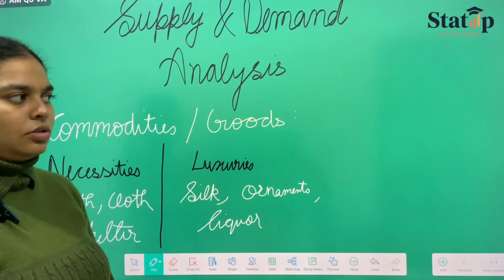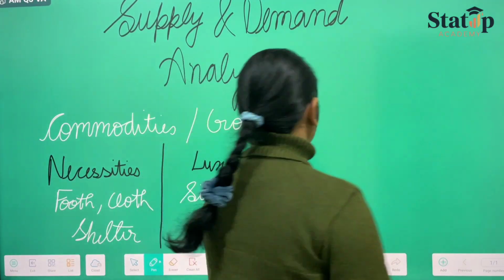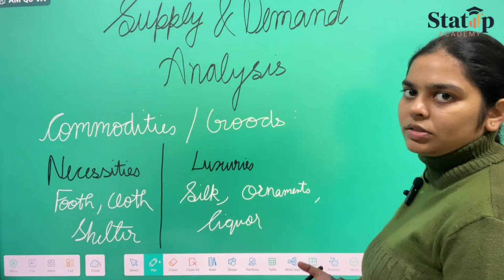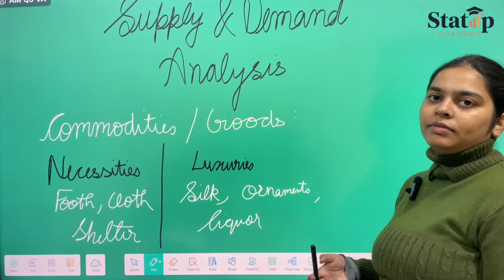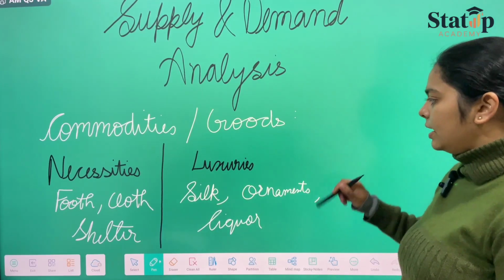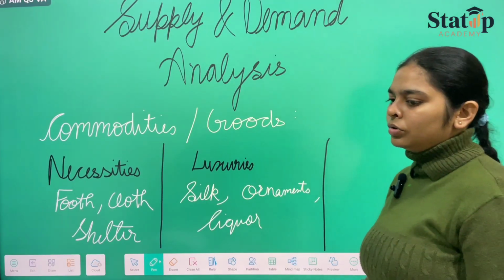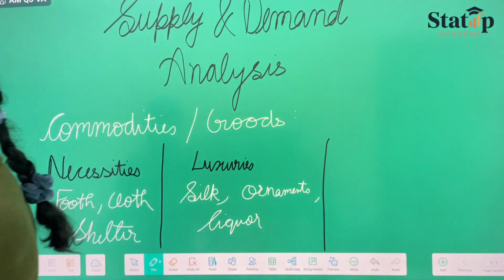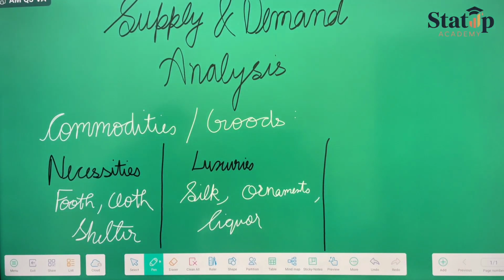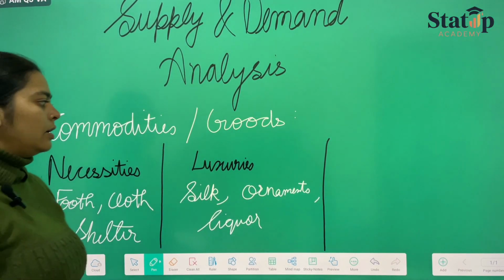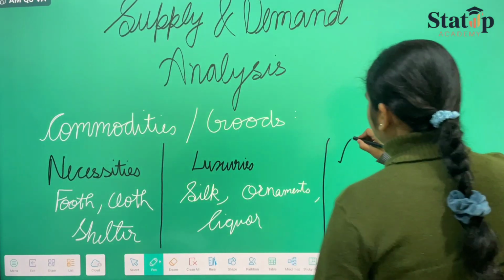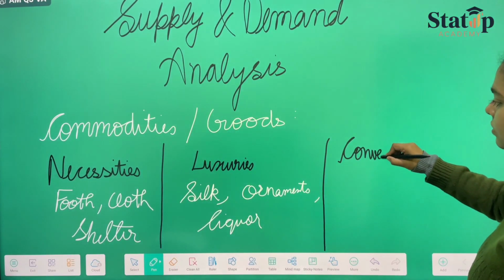Or buying more than one house, not for living but just for the sake of having one, like a farmhouse. And the third one is in between luxury and necessity. These are known as conventional necessities.